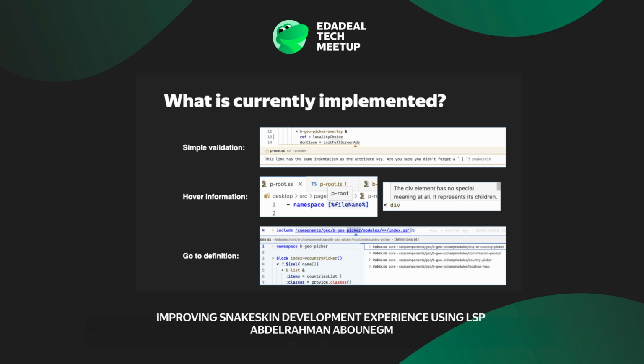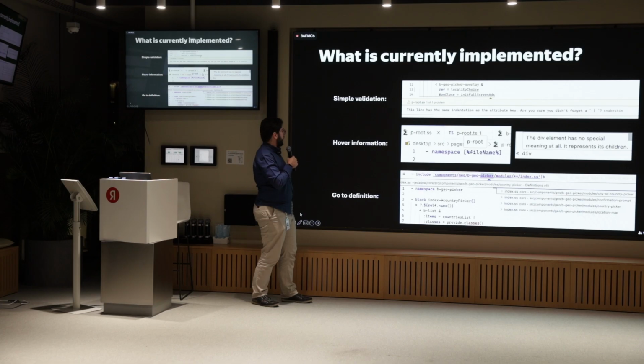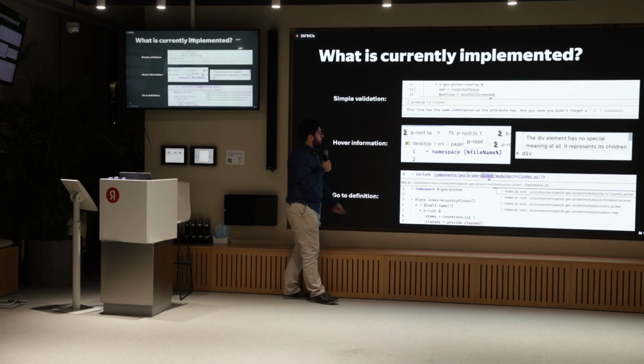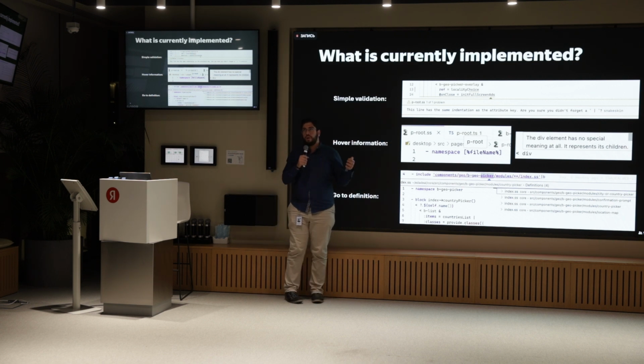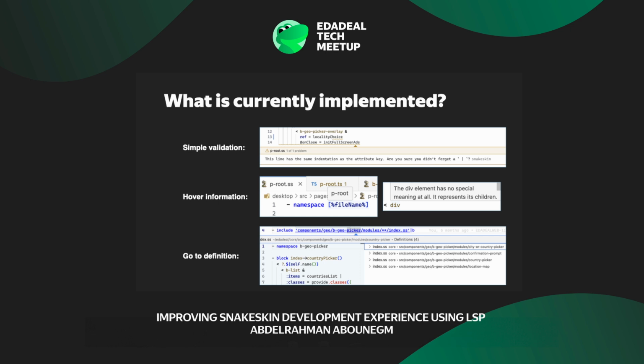If you have an import that does not point to a valid file, we give an error. We have basic hover information, so on some macros like file name, and on all HTML and Vue elements and attributes, we have hover information for all of them. And currently we also have go to definition for imports, and soon we will also have them for templates, hopefully.